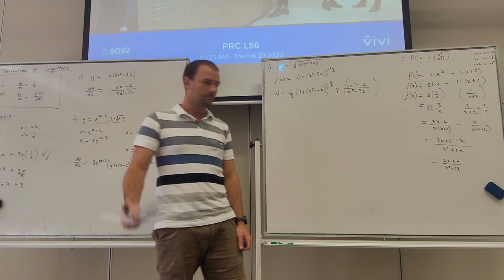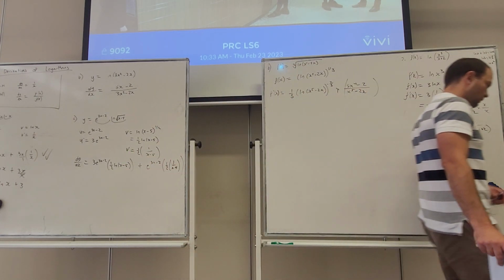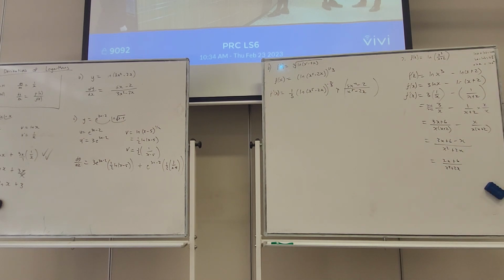All right, and this is maybe a good example to bring up what we were talking about yesterday, in our last lesson: when is the function 0? If this is our derivative function, it's going to equal 0 when the top is 0. 2x plus 6 equals 0, so x is minus 3.